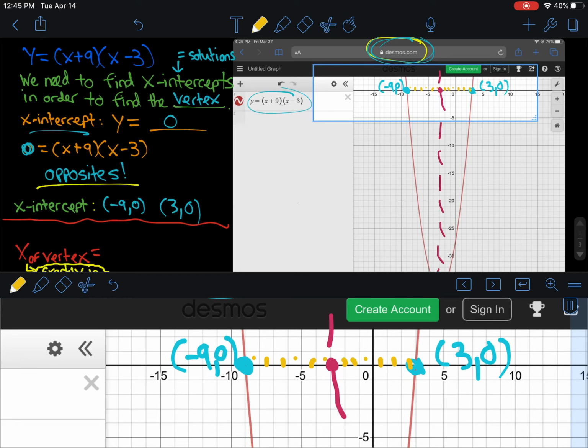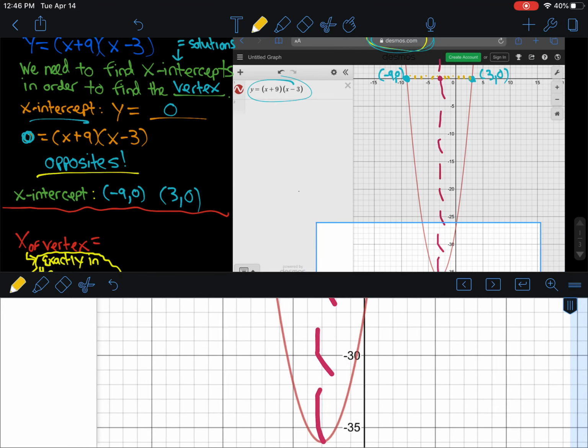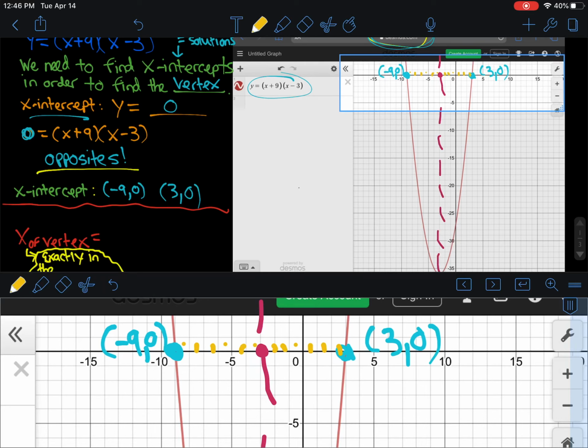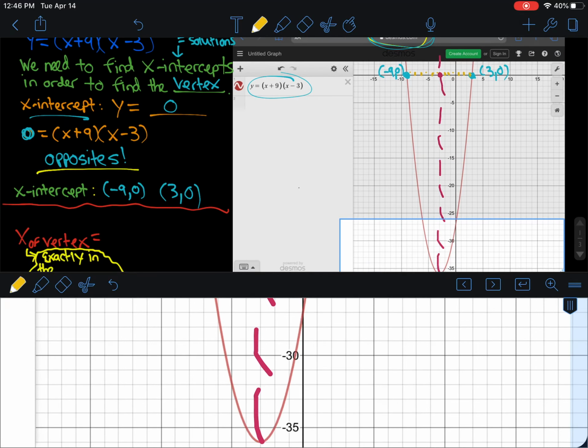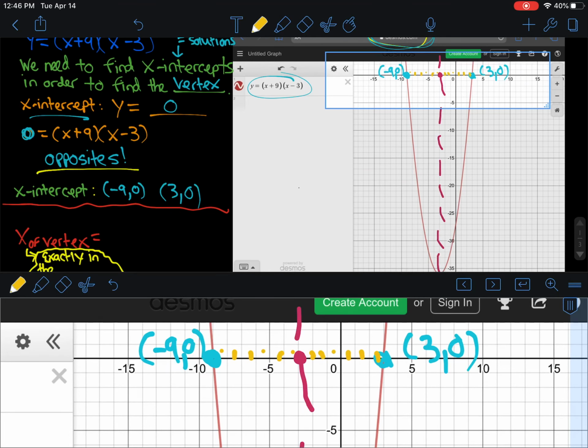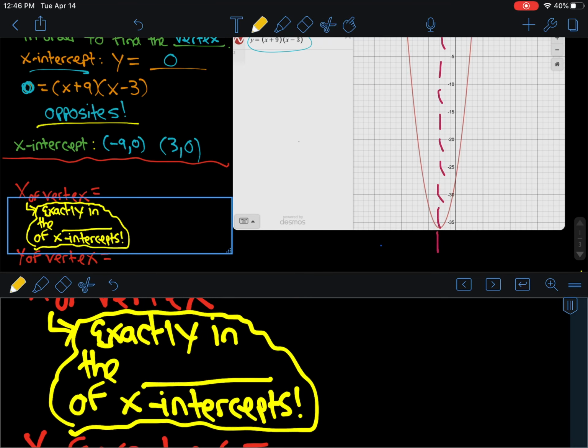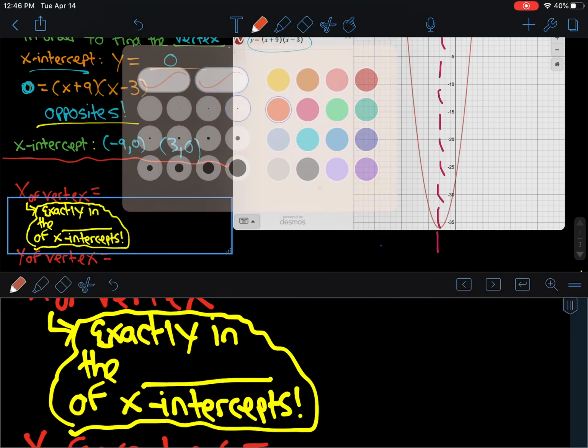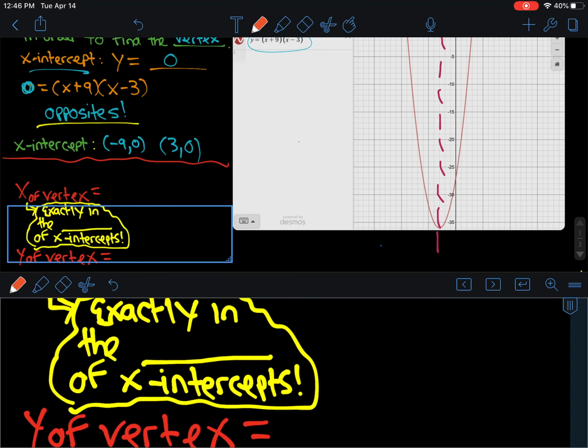Since the x-intercepts are on the same horizontal line, and the vertex is in the middle of my parabola, whenever you find the average, or the middle, of your x-intercepts, that's going to give you the x of the vertex. And that's really important to understand. So if you look down here, I already have it written down: the x of the vertex is exactly in the middle of the x-intercepts.